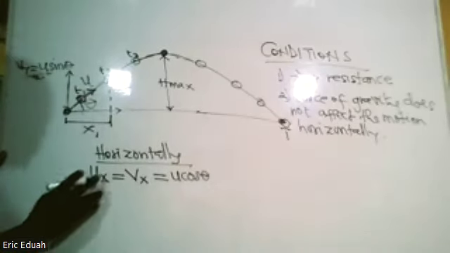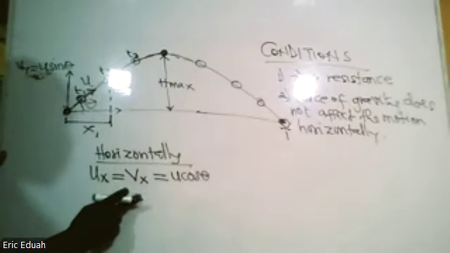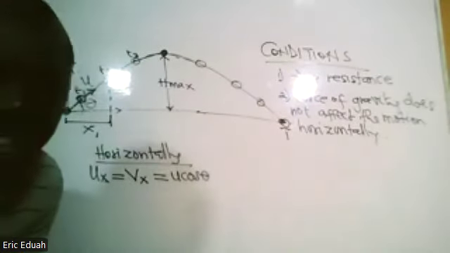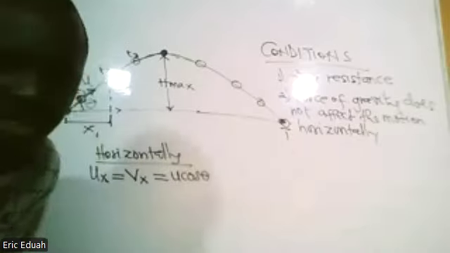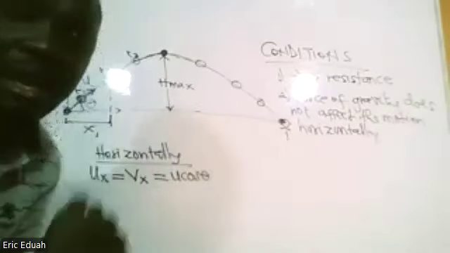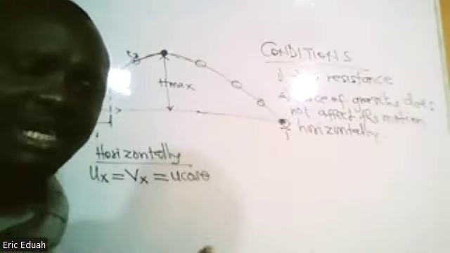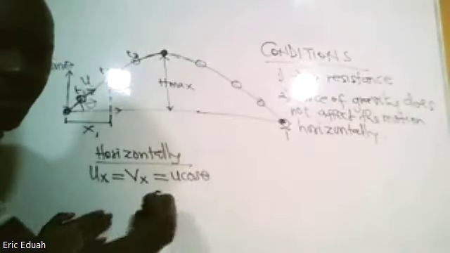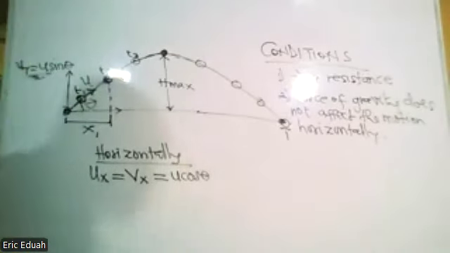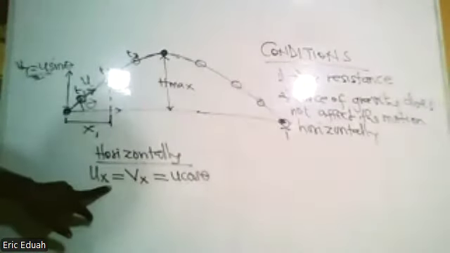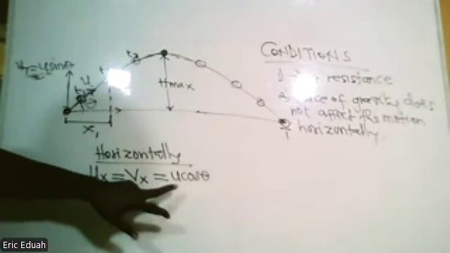It will be constant. Friction does not affect motion horizontally, meaning there isn't any factor which can reduce the speed of the body horizontally.